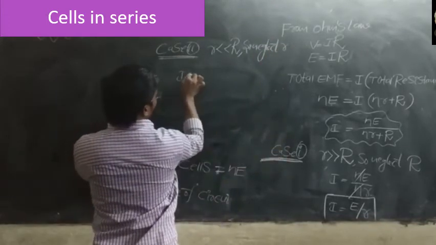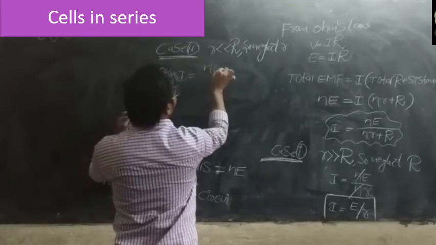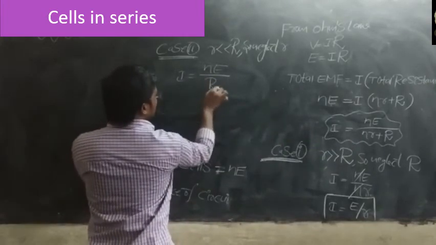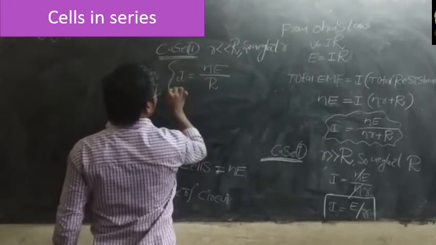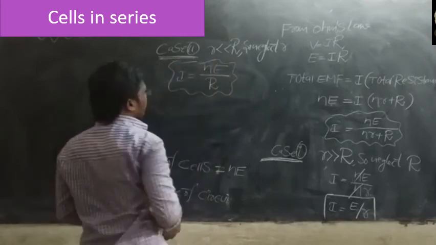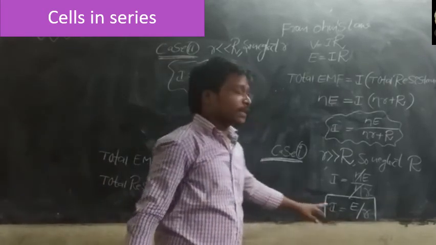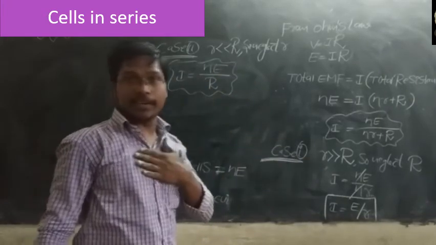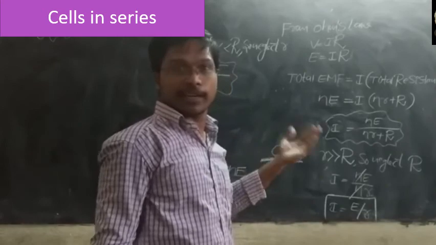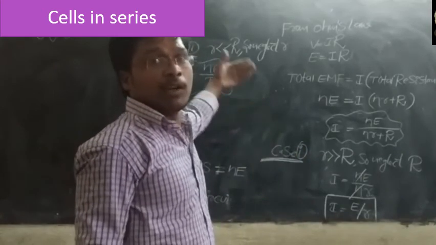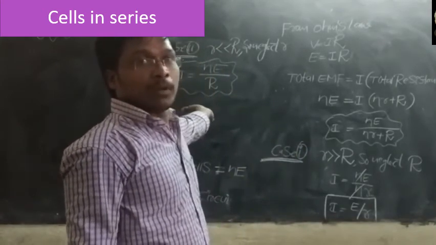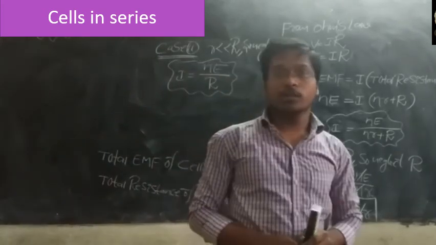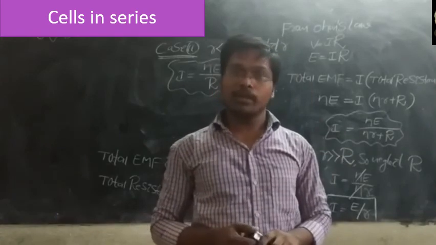I is equal to NE by, reducing small r, what is the remaining? Capital R. So this is the expression of the current. Case 1, this is the expression of the current. Case 2, this is the expression. In one case small r is greater, in the other case capital R is greater. That is the main expression of the current. I hope you understood the concept. If you have any doubt after watching the video, please ask. Okay, thank you.